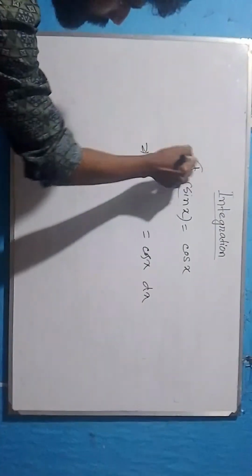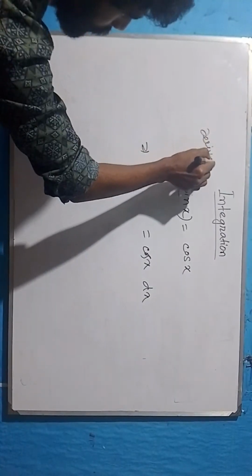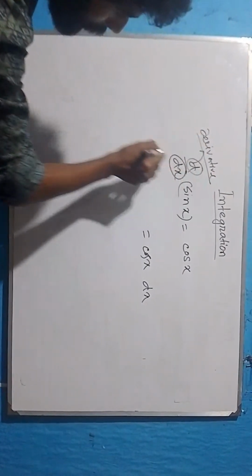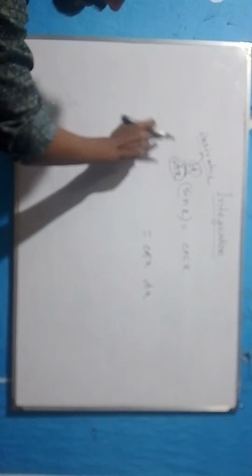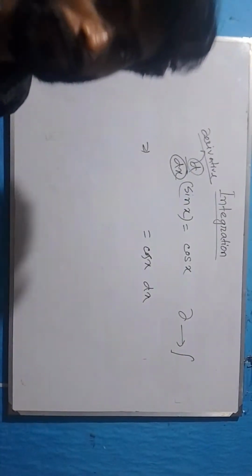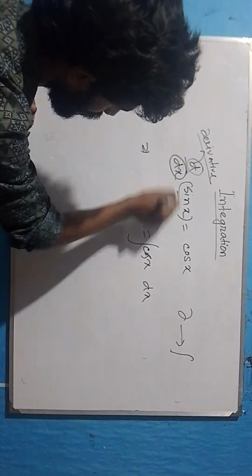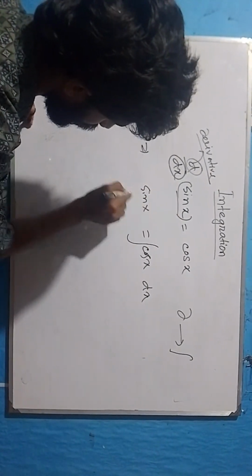This d is nothing but the derivative, and d and integral are opposite things. So d becomes the integration sign, and here we get sine x.